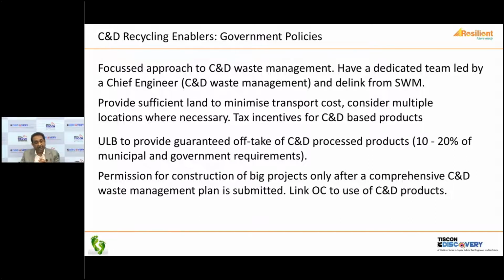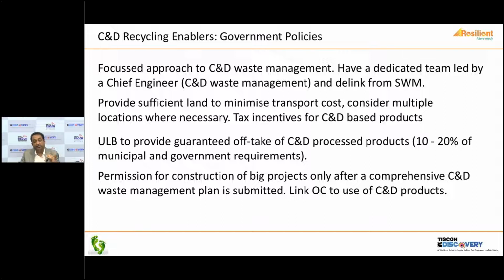From a private development point of view, for big projects, there should be an incentive, or they should make it mandatory that permissions for construction of big projects are only granted after you give a comprehensive C&D waste management plan. Remember, a lot of construction waste is being demolished. A lot of buildings under construction also get demolished for whatever reason, and all this goes to different places, which is not being accounted for.